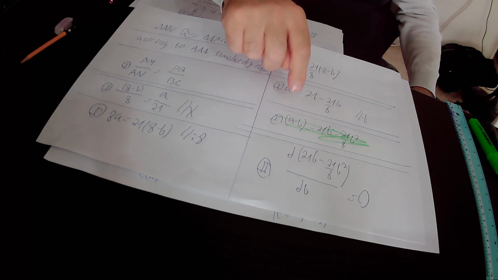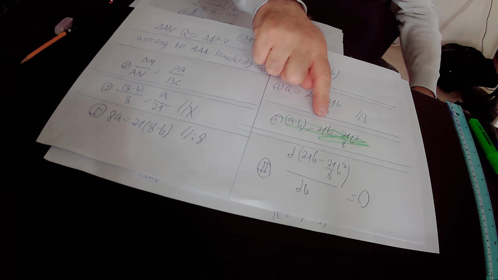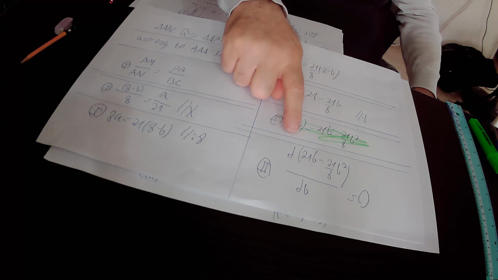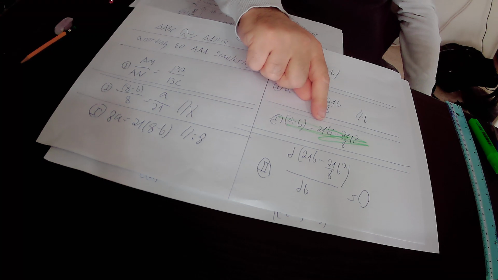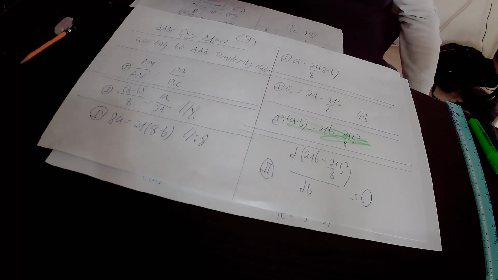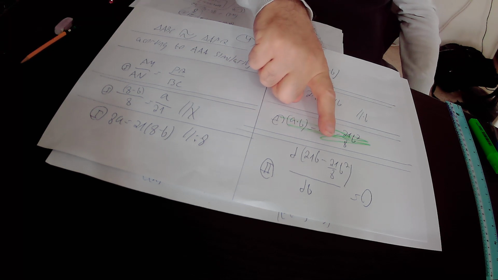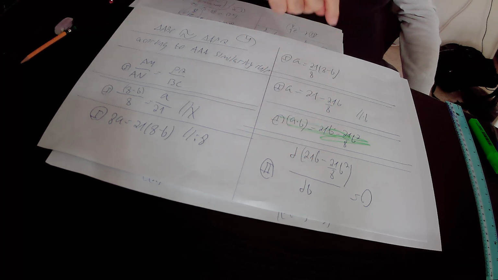Okay, so we took the derivative of this expression, that is to say we differentiated the area function of rectangle PQST. So the derivative of 21b minus 21 over 8 times b squared. d is the notation for derivative, and we take the derivative of this area function with respect to the variable b.